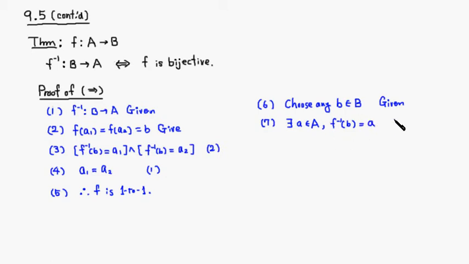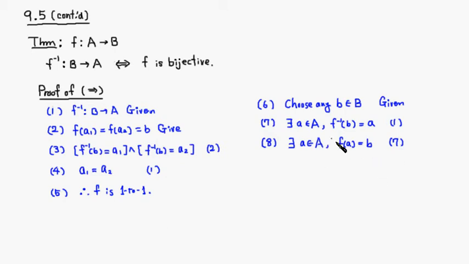I'm just using the fact that f inverse is a function from B to A. Hence line 8, by using the definition of inverse relation, we know that there exists the same a in A such that f of a goes to b, where f inverse goes from B to A. This is just using line number 7 and the definition of inverse relation.